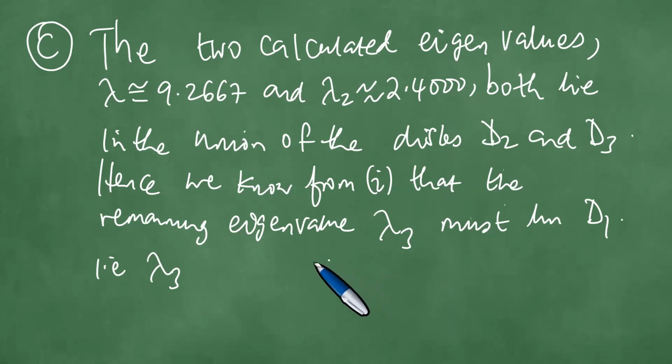All right, so we continue. Lambda 3 must be near -6.